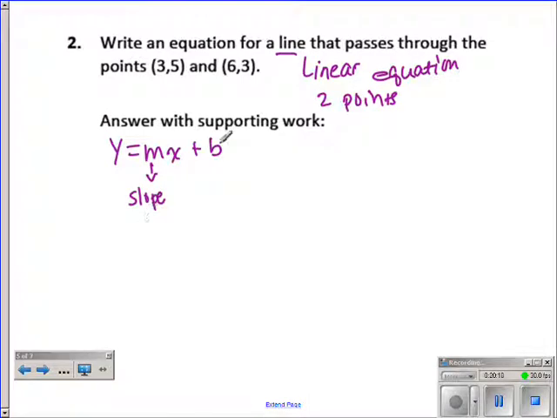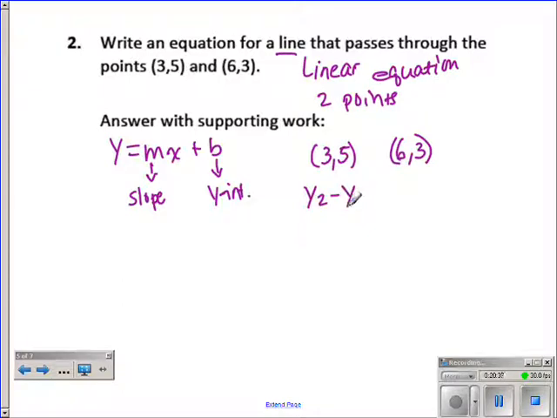Okay, so I'm going to start out by finding the slope. I know that I can take my 2 points, (3, 5) and (6, 3), and I can use my slope formula, which remember is y2 minus y1 over x2 minus x1.